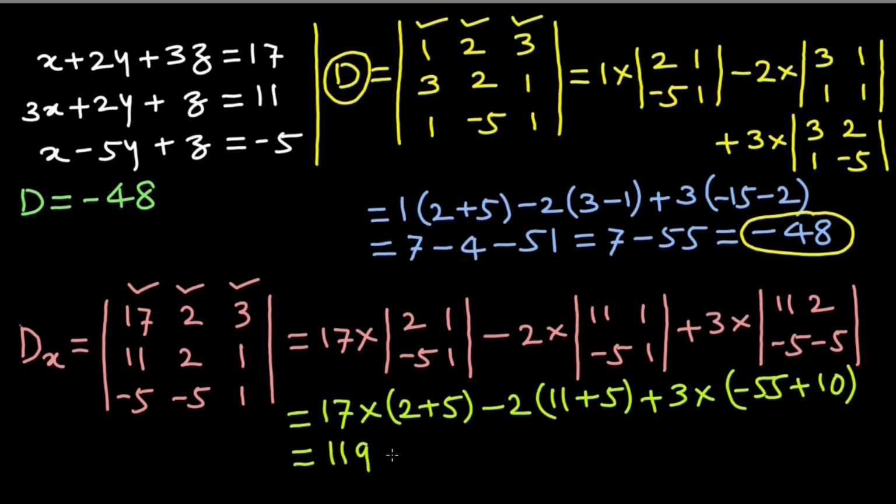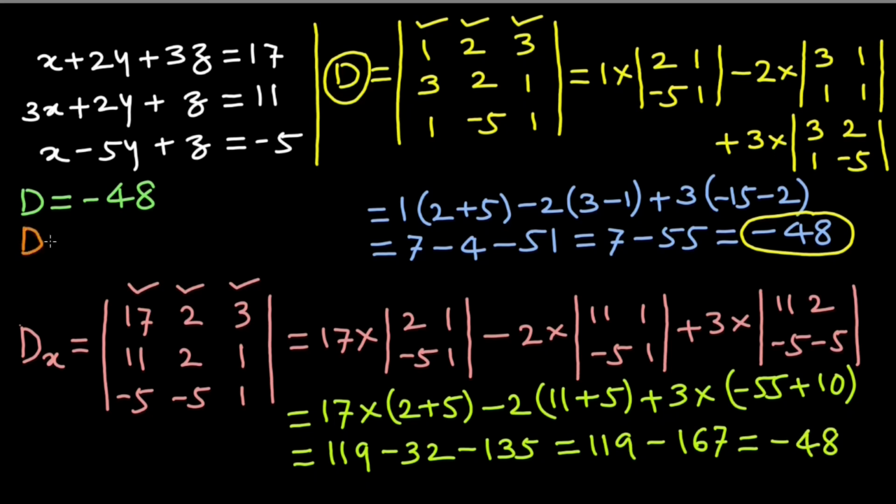Minus 2 multiplied by 16, minus 32, plus 3 multiplied by minus 45, it will be minus 135, which will be 119 minus 167, which will be minus 48. So we write Dx equals minus 48.